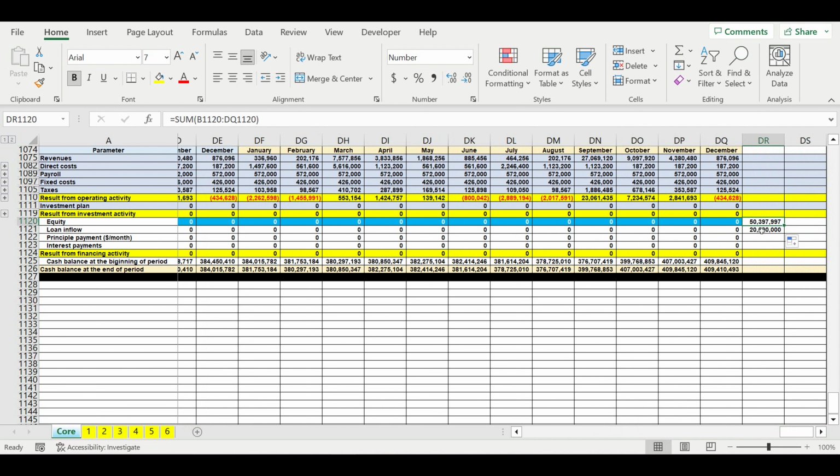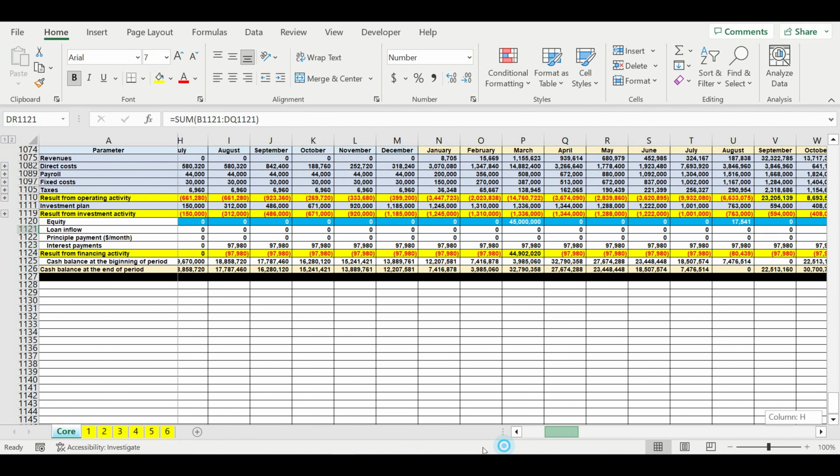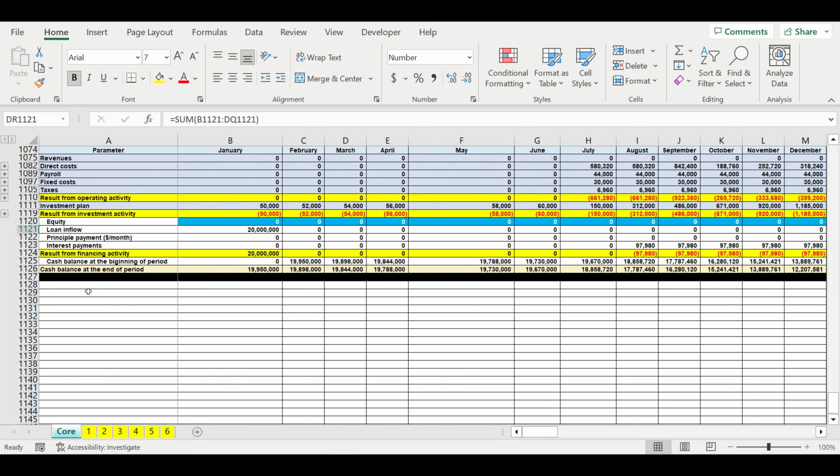So let's create a very simple table. This will be financing needed. This will be type of financing. This will be equity. This will be loan. And this will be total financing needed.